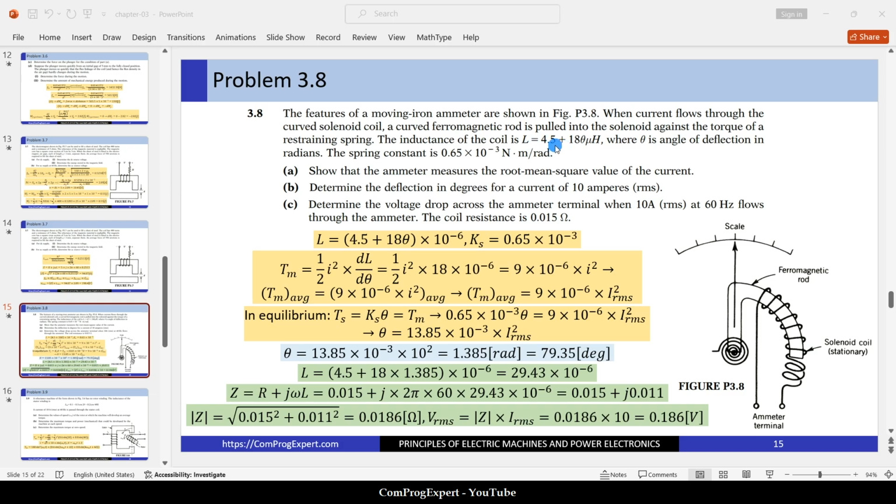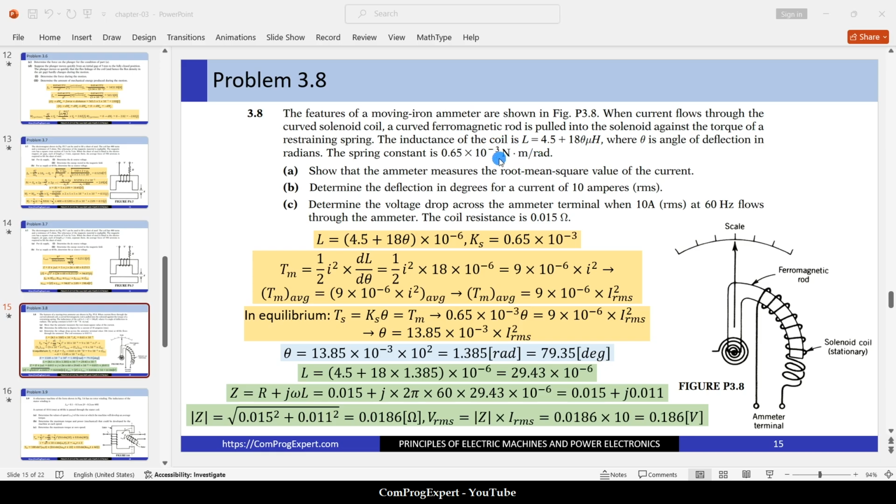In this function, we have a constant term and a term that varies with theta, where theta is the angle of deflection in radians. The spring constant is also given here, in Newton meter divided by radian. As you can see, the unit is the unit of the torque.